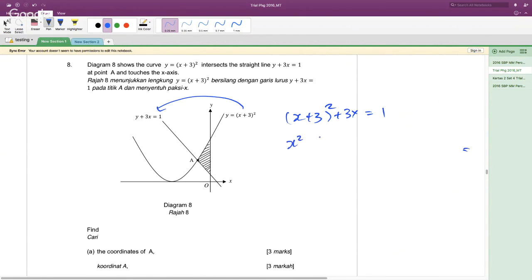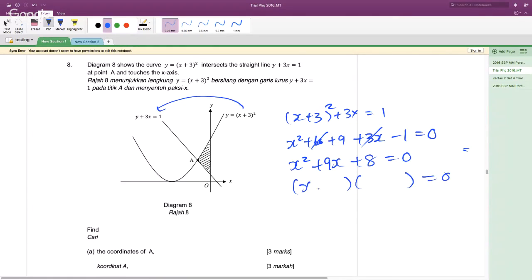So I have x squared plus 6x plus 9 plus 3x minus 1 equals 0. Because this is quadratic, 6x and 3x joined together is 9x, and then plus 8 equals 0. Then you have two values, x plus 8 and x plus 1, so x equals negative 8 and x equals negative 1.